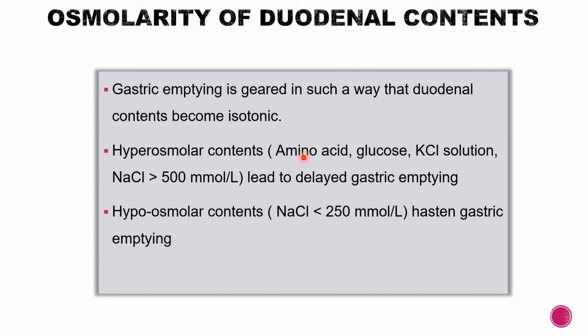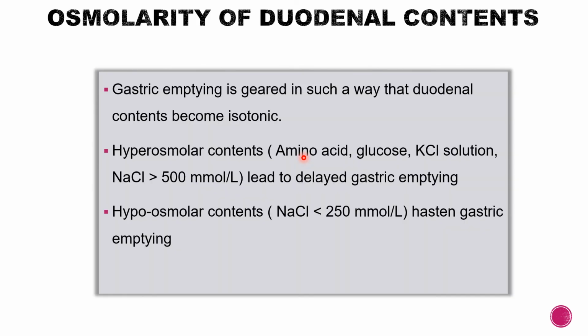If the duodenum has hypoosmolar contents, then gastric emptying is hastened to make the contents isotonic. So depending upon the osmolarity of the duodenal contents, gastric emptying is changed, increased or decreased.